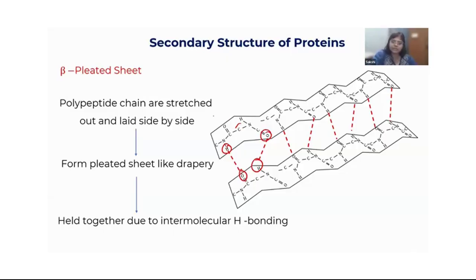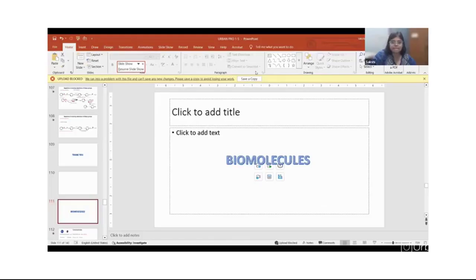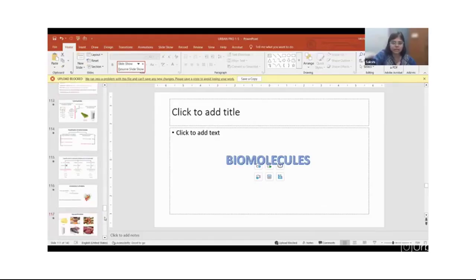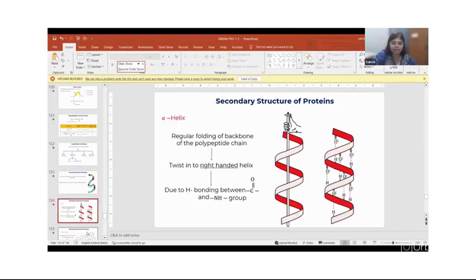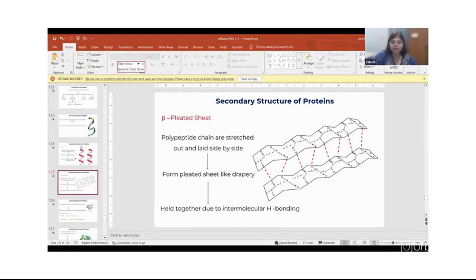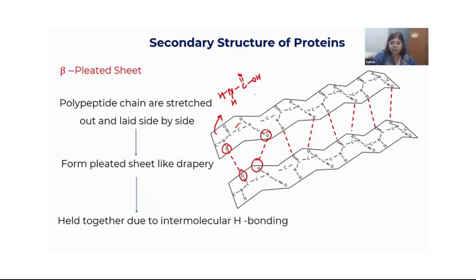Okay. So basically how these are bonded, let me show you. So I have NH2, C double bond O, OH, and suppose I have another NH2, C double bond O, OH.